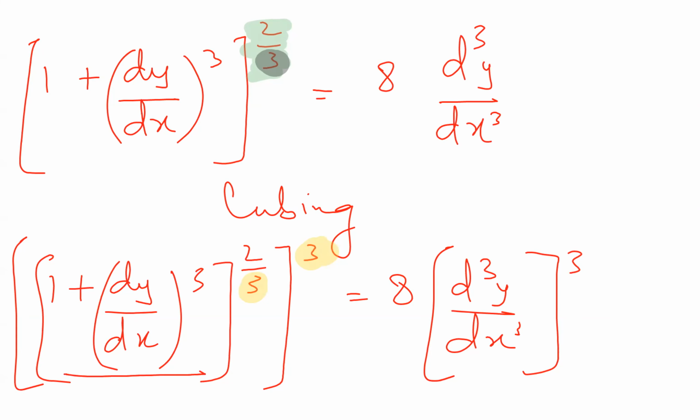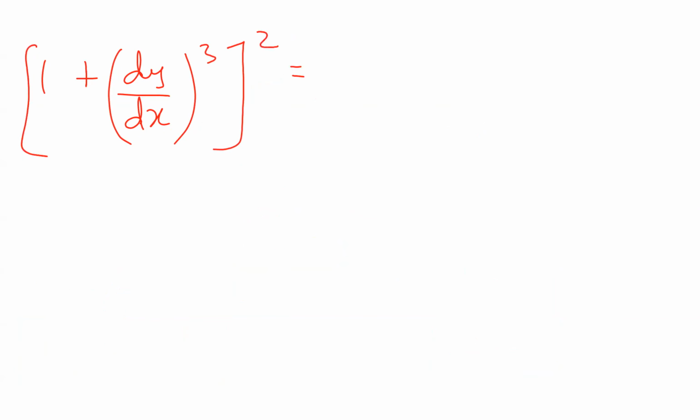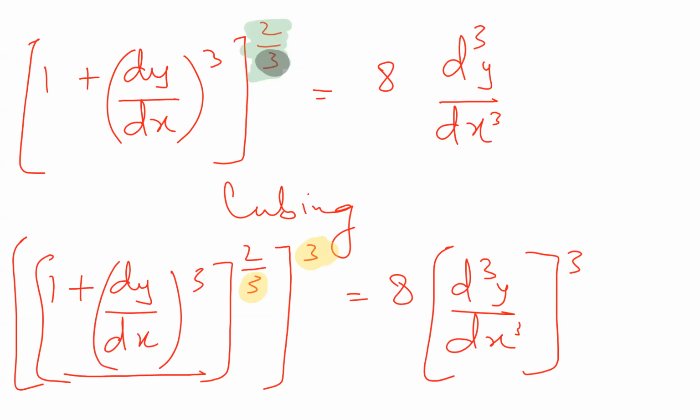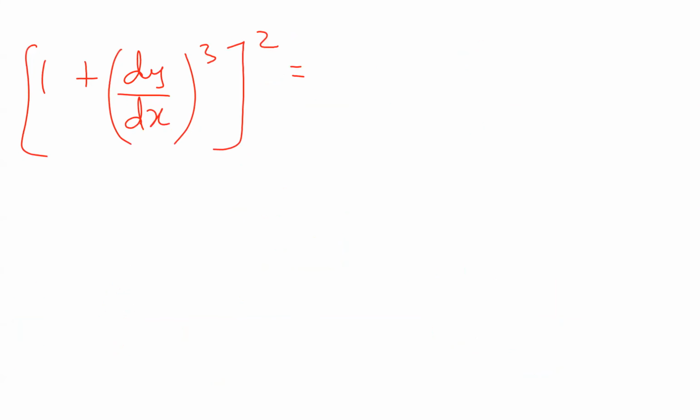Okay, so the left hand side is 1 plus dy by dx the whole cube, the whole raised to 2. Then on the right hand side, 8 will also get a cube because 8 is also supposed to get cubed. So 8 cube into d cube y by dx cube, the whole cube, that is the right hand side.